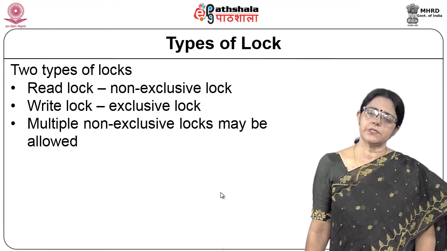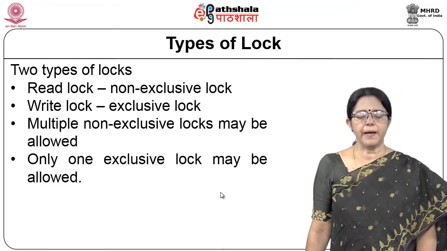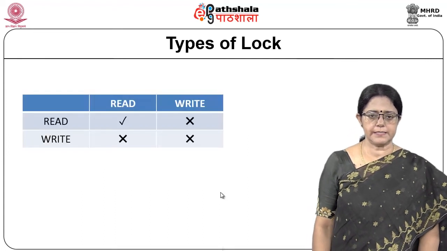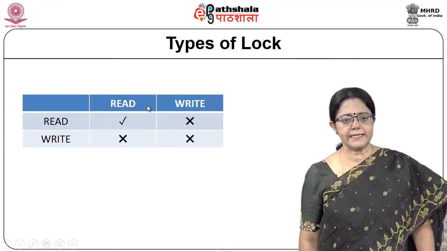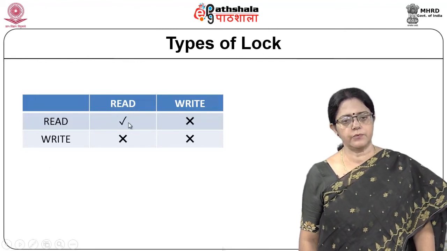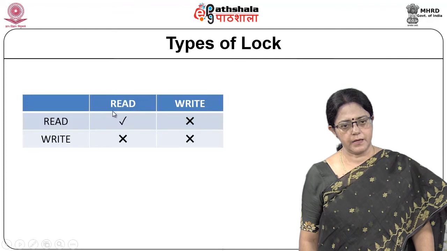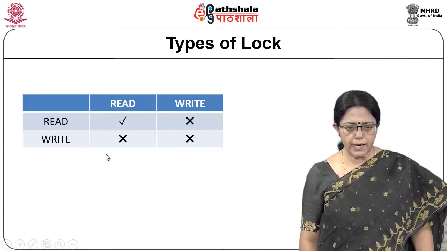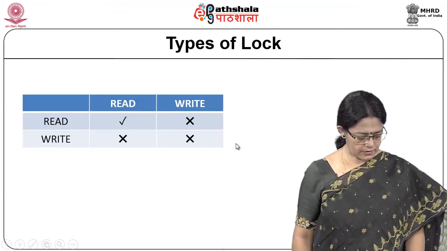Multiple non-exclusive locks can be allowed, but only one exclusive mode lock will be allowed. This is the table where we see that read and read is a tick, which means that a read can be used along with a read, but all other combinations are not allowed.